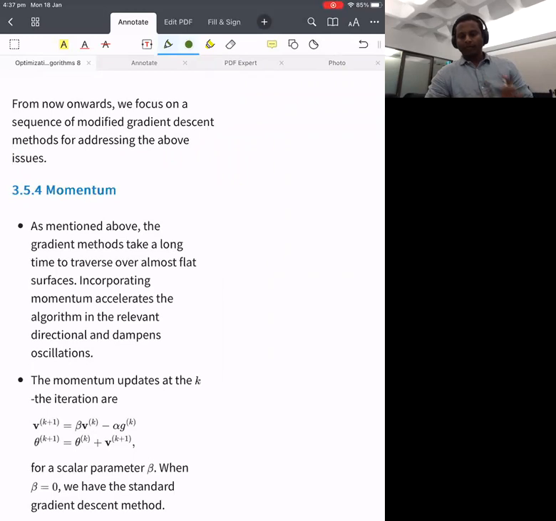Can someone quickly say what is lacking in gradient descent, and how adding momentum helps? We already discussed that. Anyone can say something about momentum in general? Are you familiar with momentum in physics?